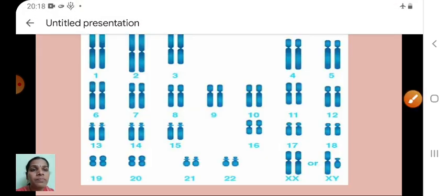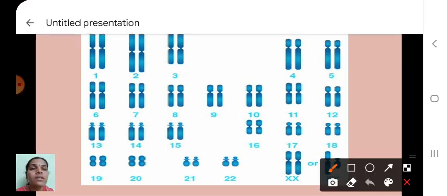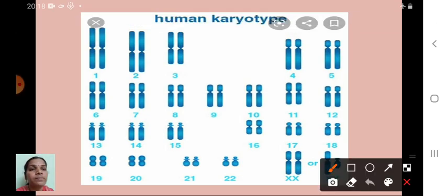See here children, this is the human karyotype. Here is number one, and the numbers are also there. So in total I told 23 pairs of chromosomes, isn't it?